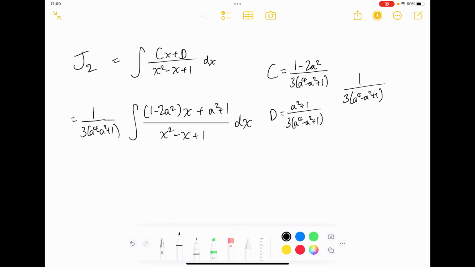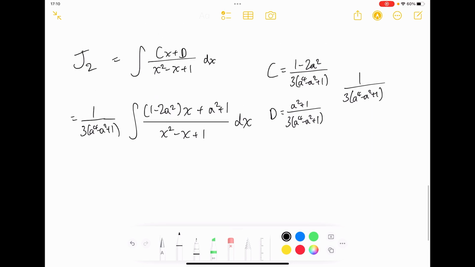And, I mean, it's the same thing. We have a quadratic bottom, we have a linear top. So, yeah, we can do the same thing. It's just worse for some reason, because we've got A's and stuff. The numbers aren't nice.